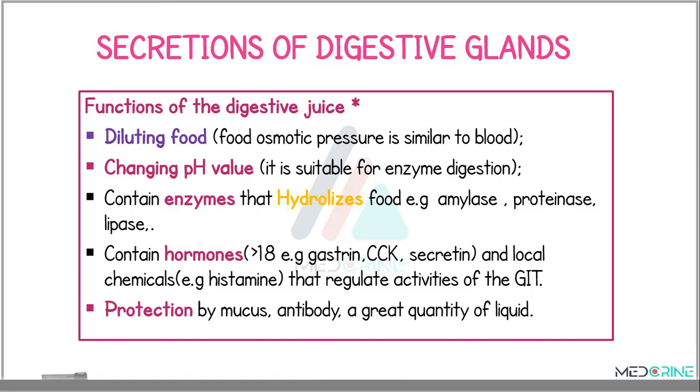These digestive juices contain hormones like gastrin, cholecystokinin, secretin hormones, and local chemicals, for example histamine, which regulate the activities of the gastrointestinal tract. Then lastly, the digestive juices or secretions act as a protection, like the mucus, antibodies, and a great quantity of liquid.